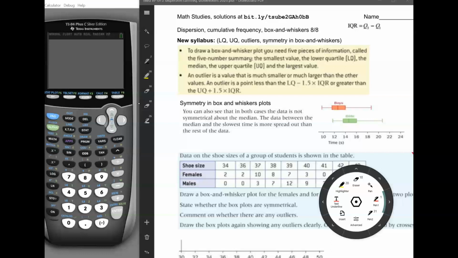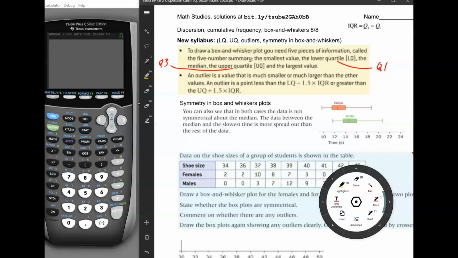So there's the lower quartile, which is the same as the first quartile, abbreviated LQ. And then the upper quartile, abbreviated UQ, is Q3, the third quartile. So that's nothing new. It's just in case you see UQ or LQ somewhere, don't freak out. Know that that's Q1 and Q3.